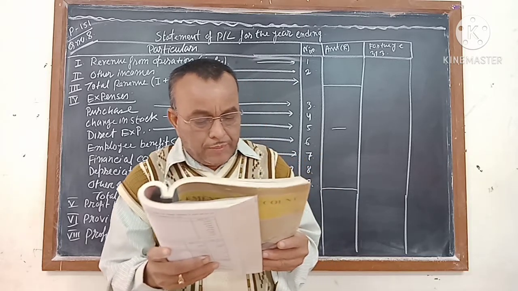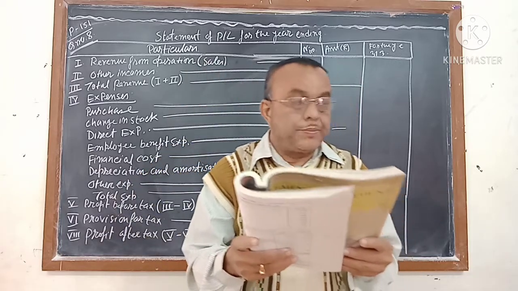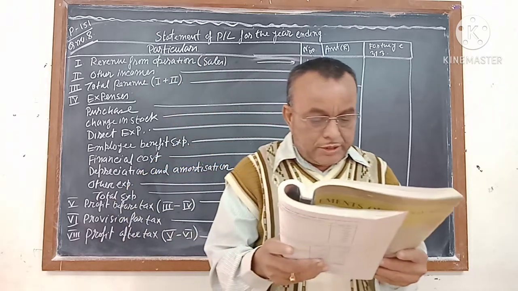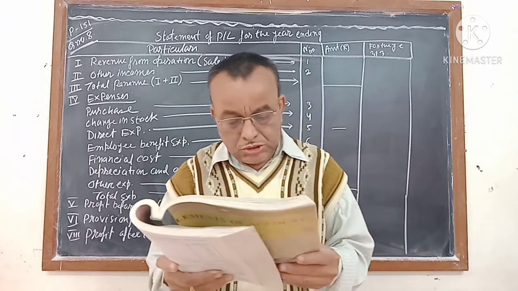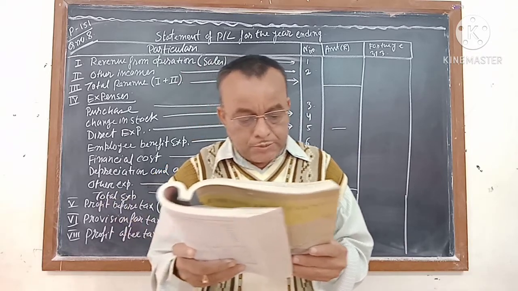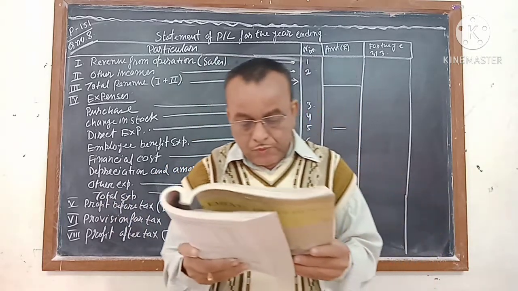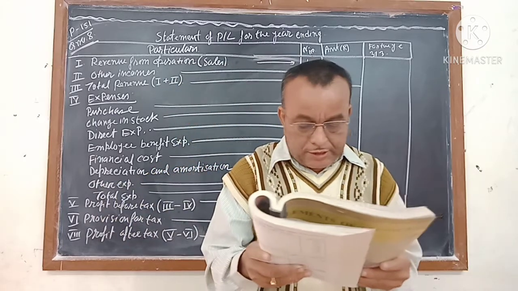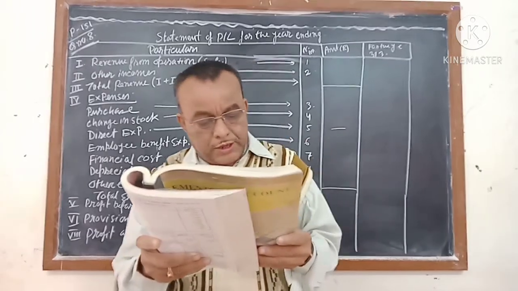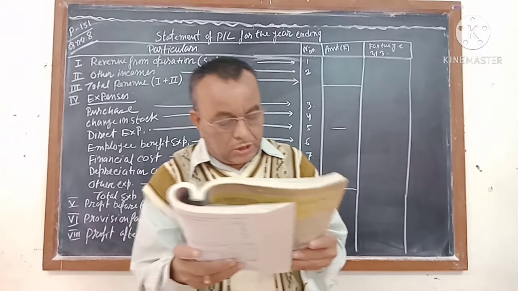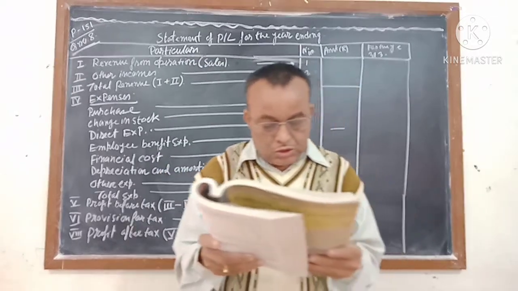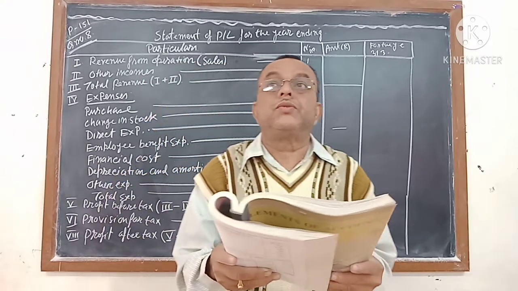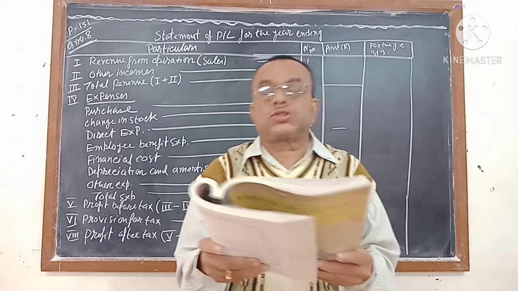Sales is income, salary is expense, depreciation is a loss, bad debt recovered is income, debenture interest is expense, audit fees is expense, income from scrap is income, profit on sale of assets is also income, advertisement expense is expense, contribution to the provident fund is expense, interest on bank overdraft is also expense, bank charges also expense, bonus to the employee also expense, debenture discount written off is also a type of expense or loss.